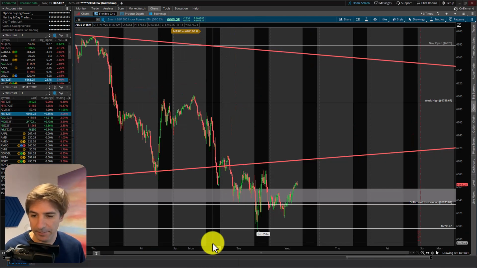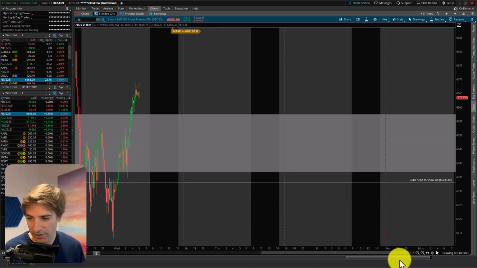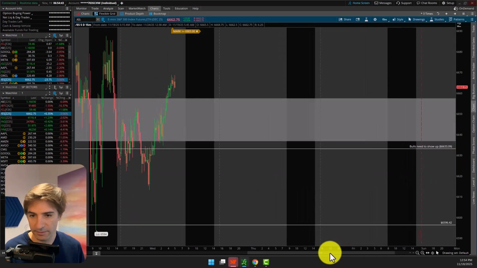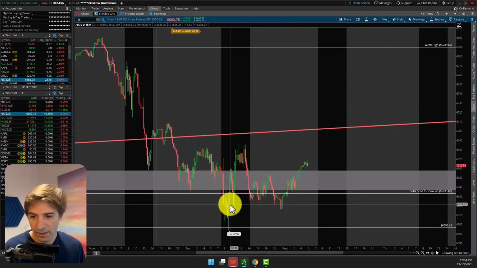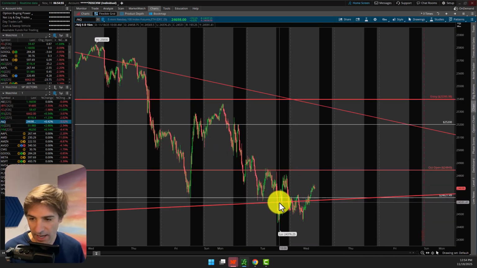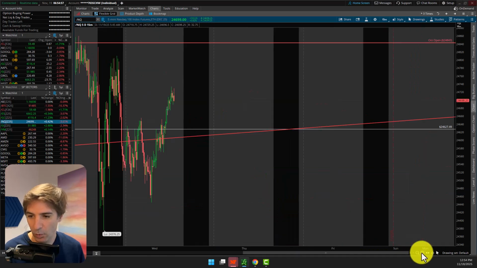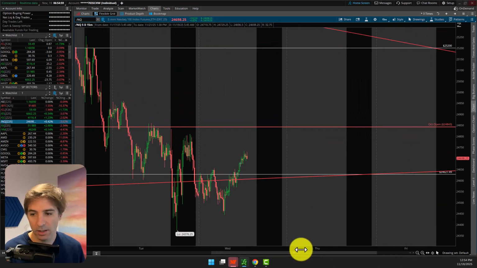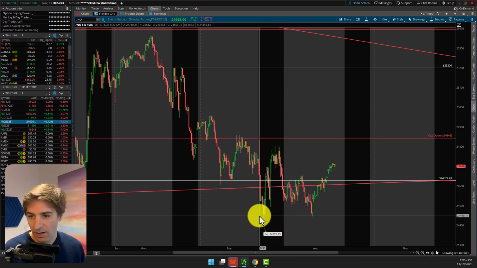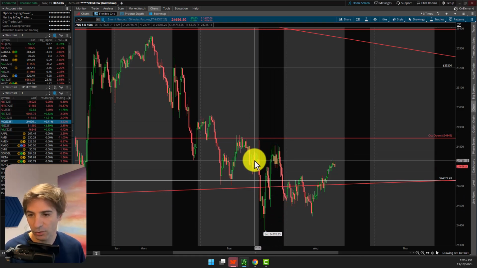Let's see real-time data and overnight price action. And this is what we have. Yesterday, right at 10, we marked the low on the S&P 500 for the session, and exactly at 10, we did the same thing at the NASDAQ. From there on, it traded higher to overnight closing prices.